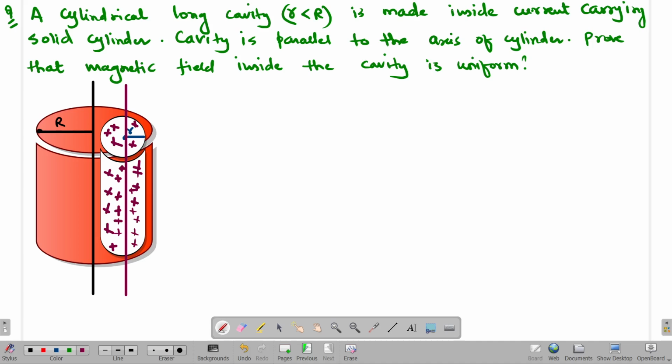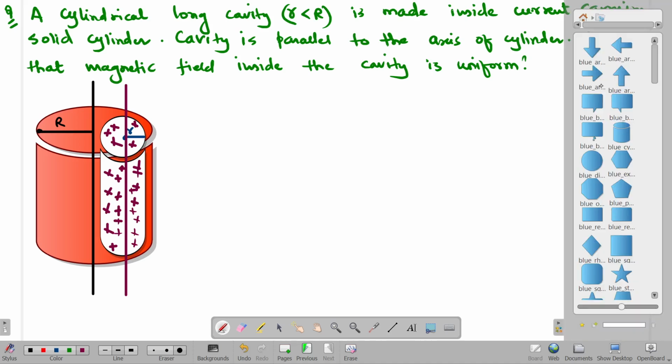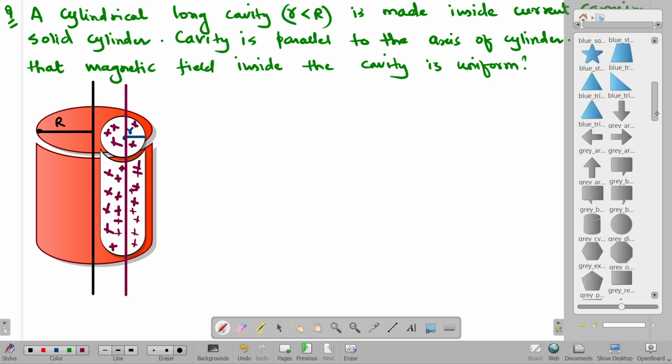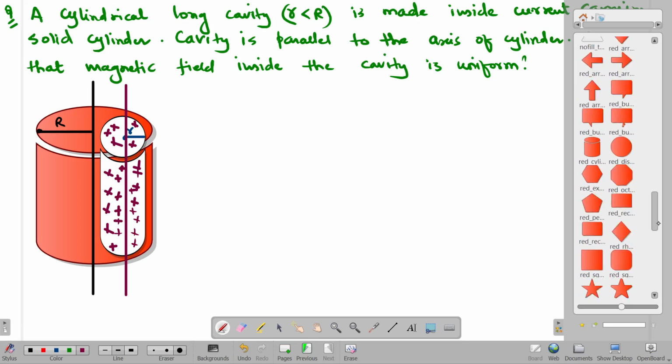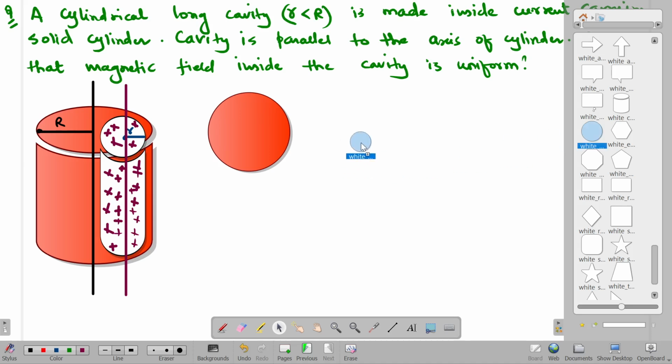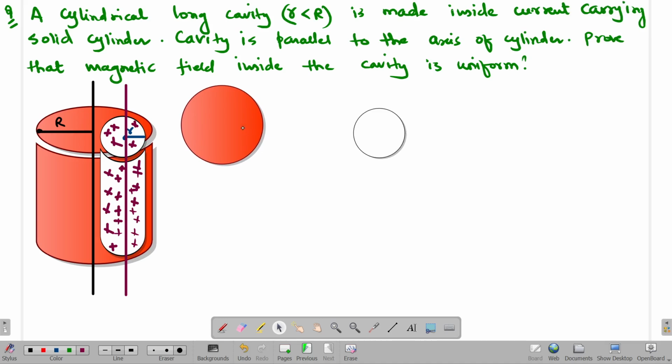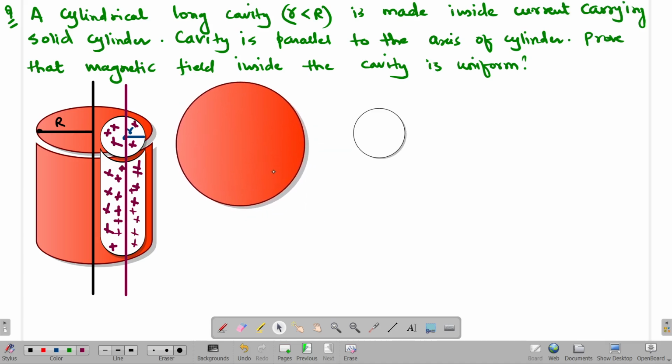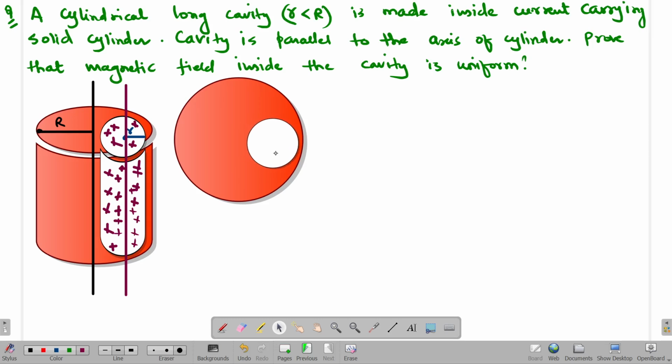First, we need to construct the upper part of the cylinder. See, this is my cylinder, and in that there is a hollow cavity, isn't it? Void, or not? So I'll draw it this way. This is the kind of situation, isn't it? So now here you can see. Let us consider that its center is O.